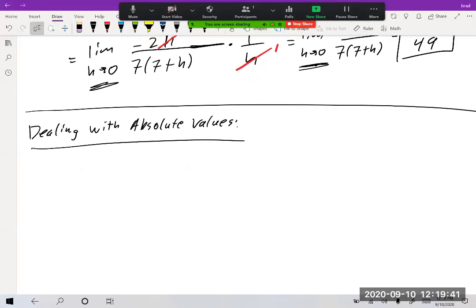So when you're dealing with an absolute value in general, what we're going to do is turn an absolute value into a piecewise function.